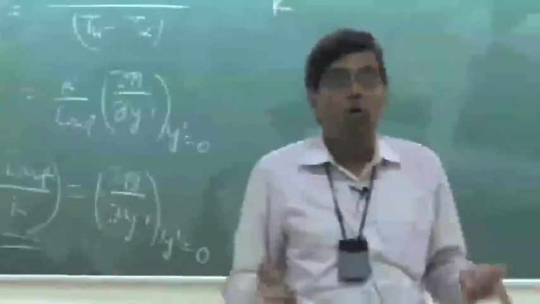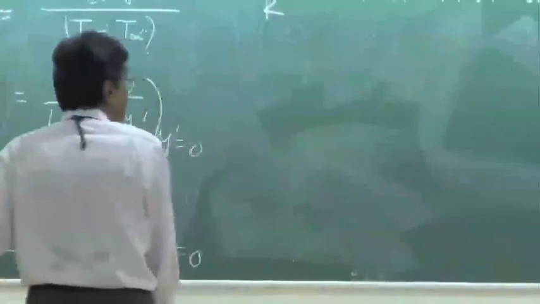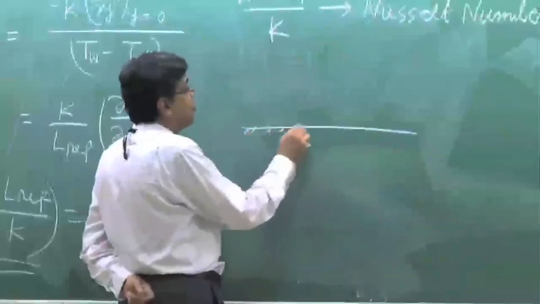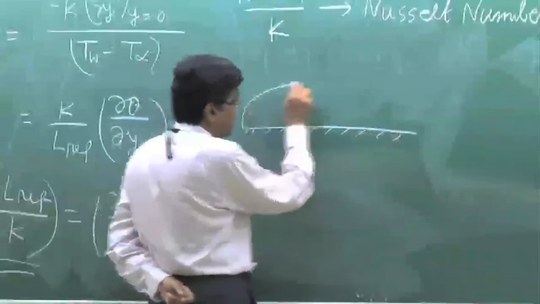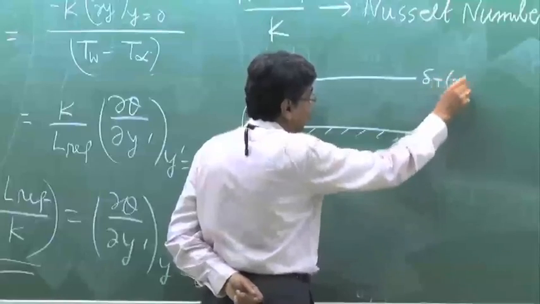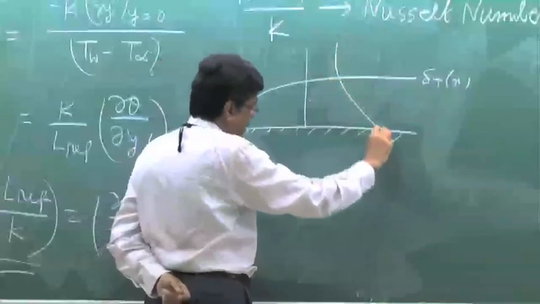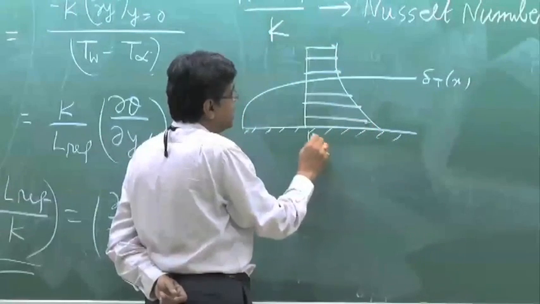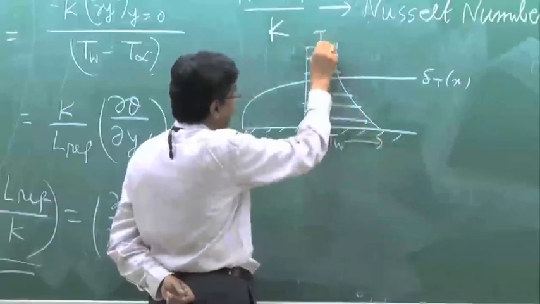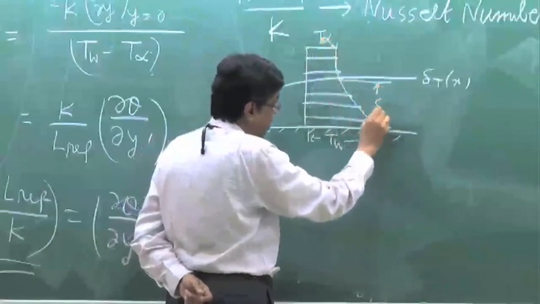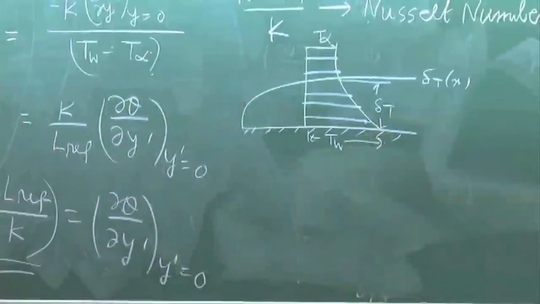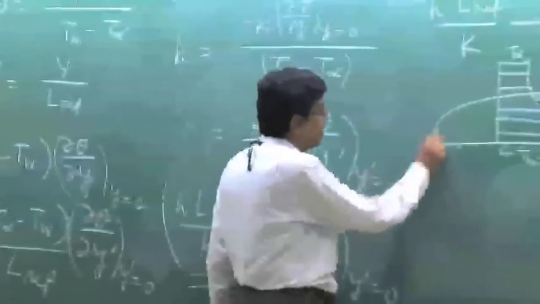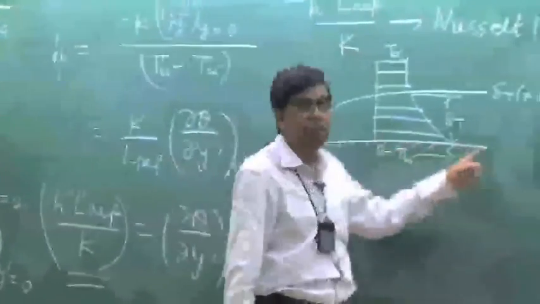But here one information you must have, that in case of flat plate, for example this one, if I draw the thermal boundary layer like this, with T, this is TW and this is T infinity and this is delta T. Now usually the reference dimension for normalizing the y coordinate is not taken anything along the plate.